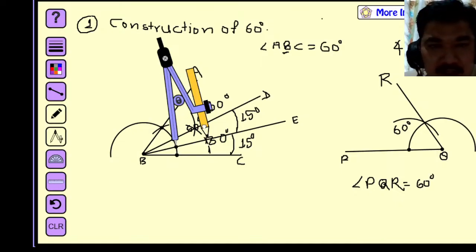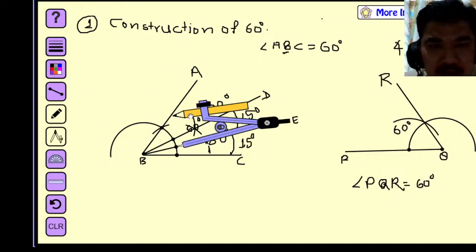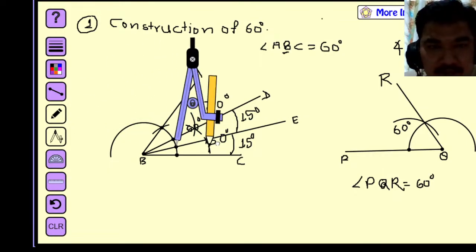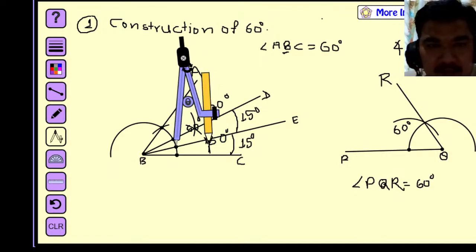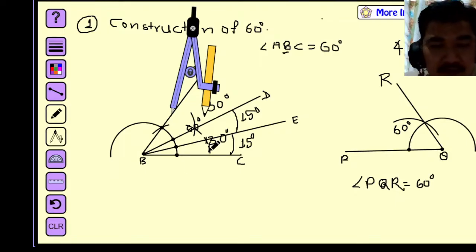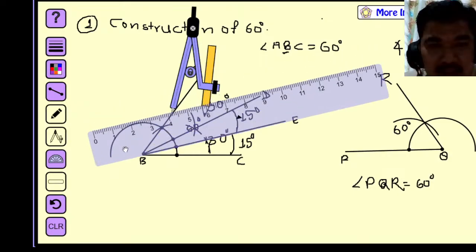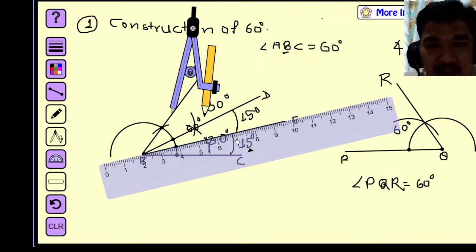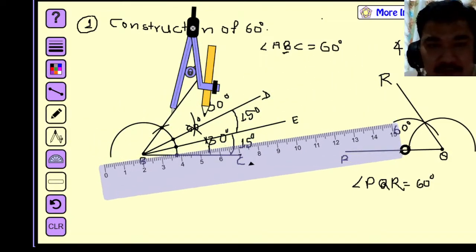This one brings it down, and cut this arc from 15 and 0. Then join that intersected point of the arcs by using a ruler like this.